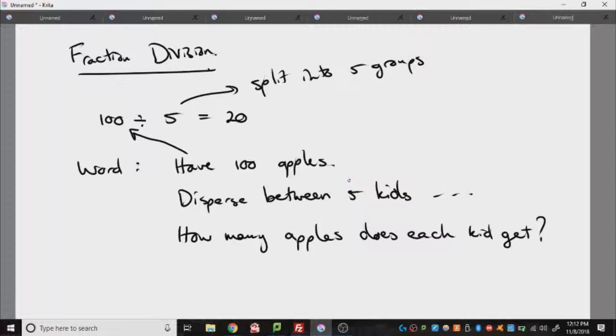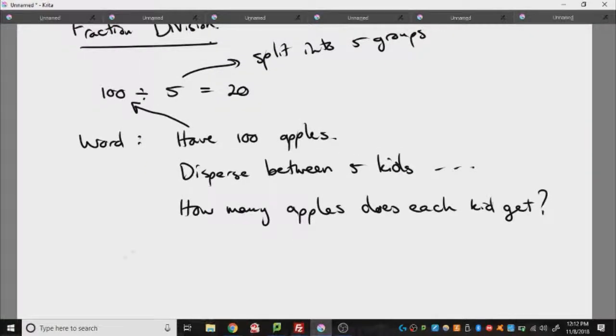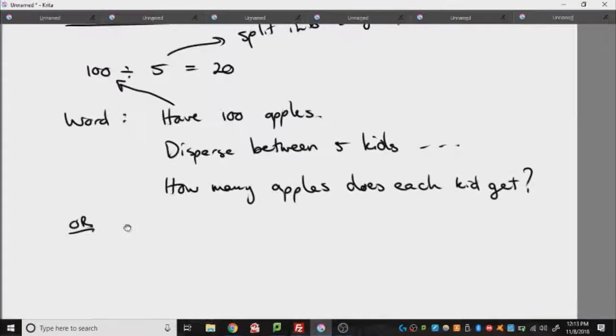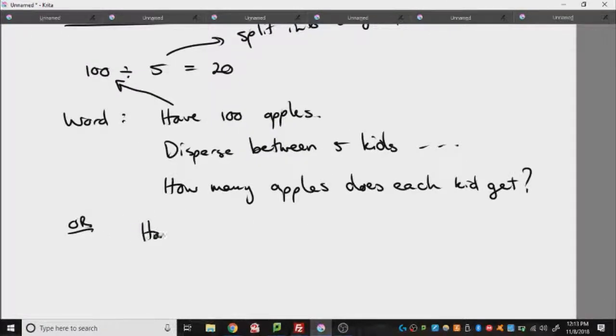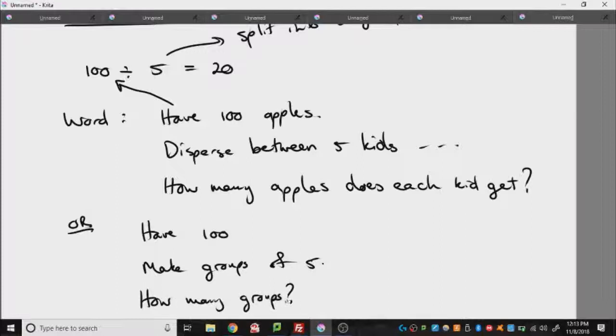There's another variation, though, which I prefer. The alternative is you have 100, whatever, and you're trying to make groups of 5. How many groups can you make? Or how many times does 5 fit into 100?